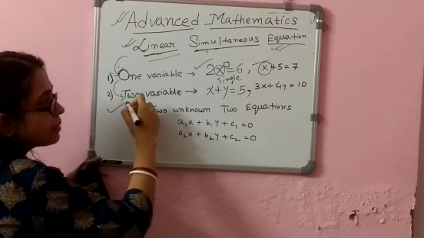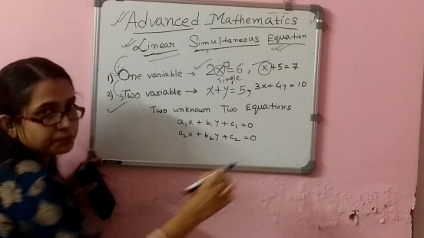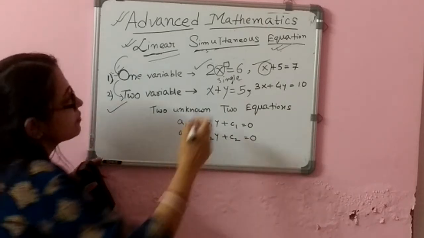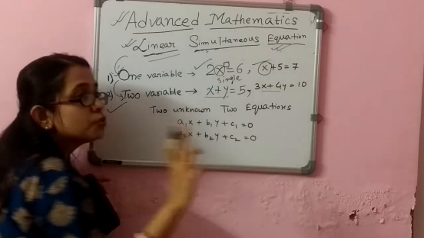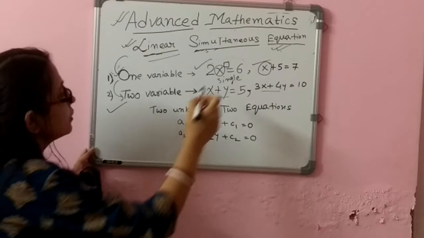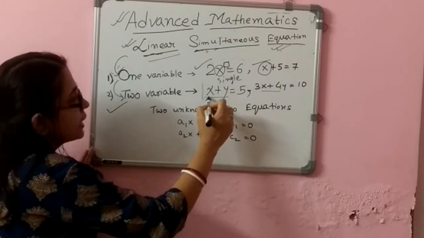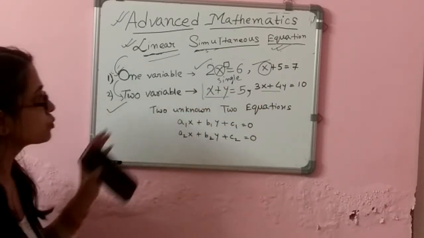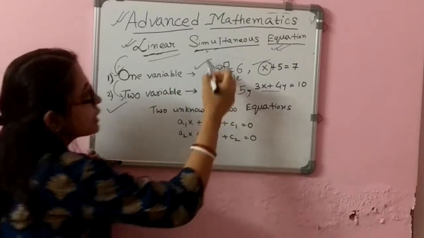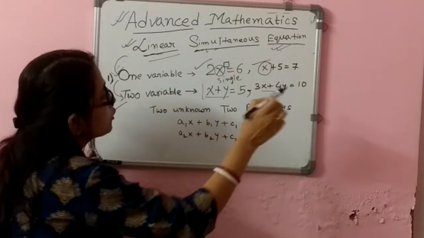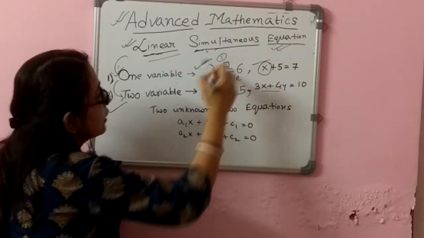What is a 2 variable equation? There will be 2 variables in that equation, that is 2 unknown variables. The equation is 1, but the number of unknown variables is 2. In a one variable equation, the equation is 1 and the number of unknown variables is 1.